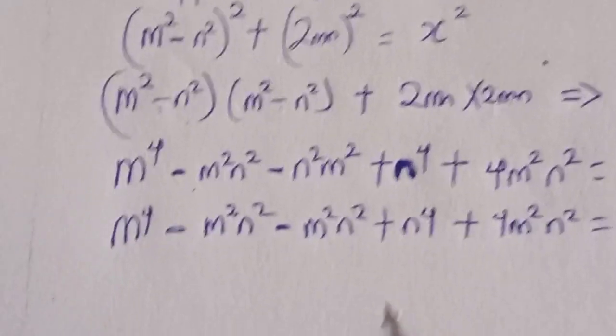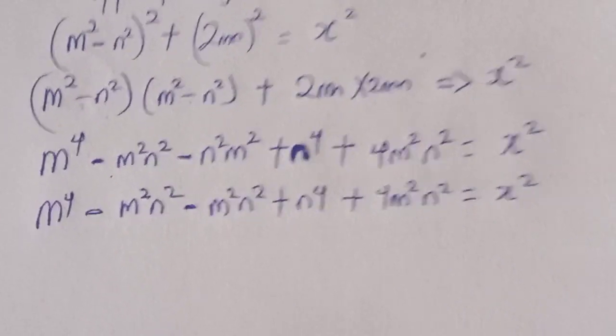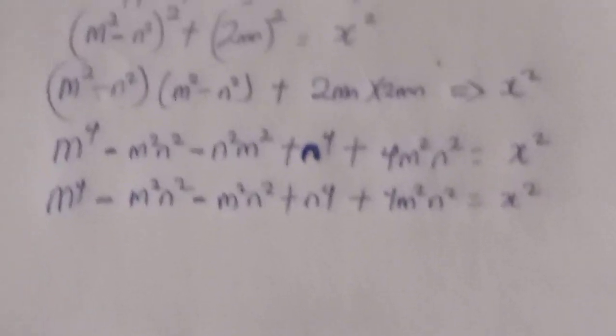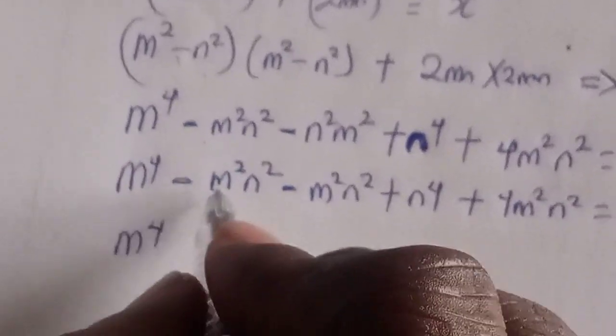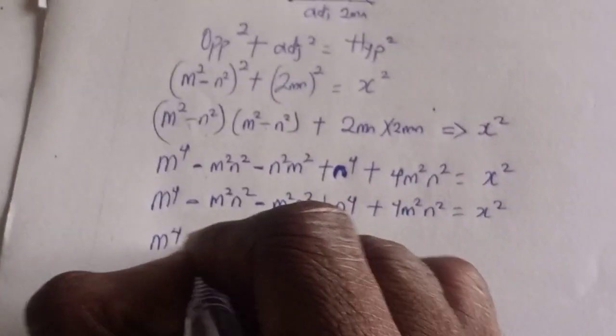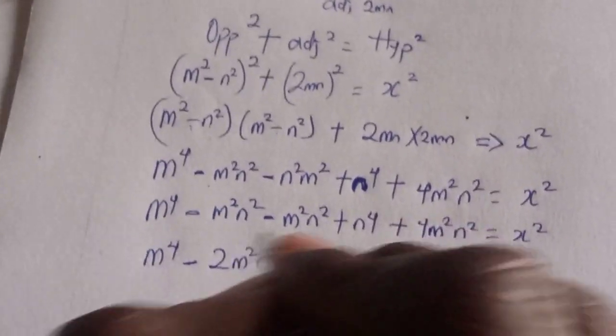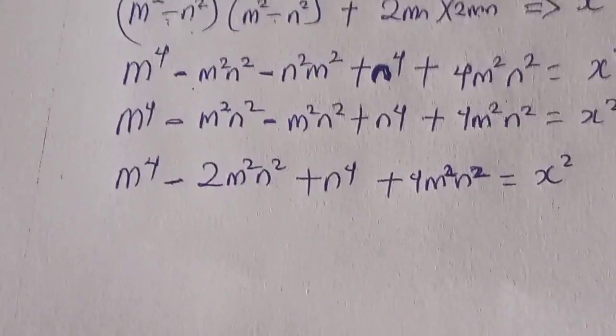Then we can continue. The m²n² terms have the same variables, so we can add or subtract them because they are like terms. So m raised to power 4 minus m²n² minus m²n² gives us minus 2m²n², plus n raised to power 4 plus 4m²n² equals x².